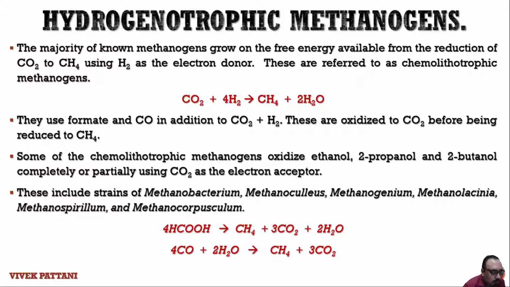As you can clearly see in this reaction, the majority of the methanogens grow on the free energy available from the reduction of carbon dioxide to methane using hydrogen as an electron donor. They are also referred to as chemolithotrophic methanogens.